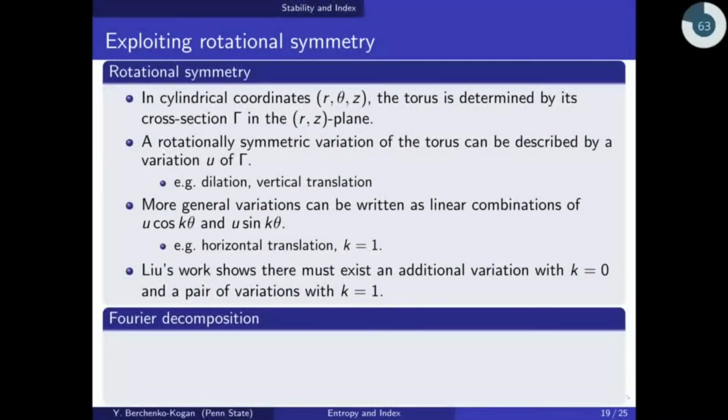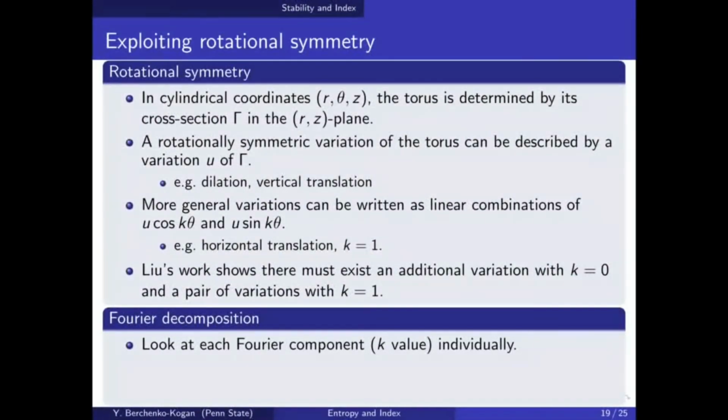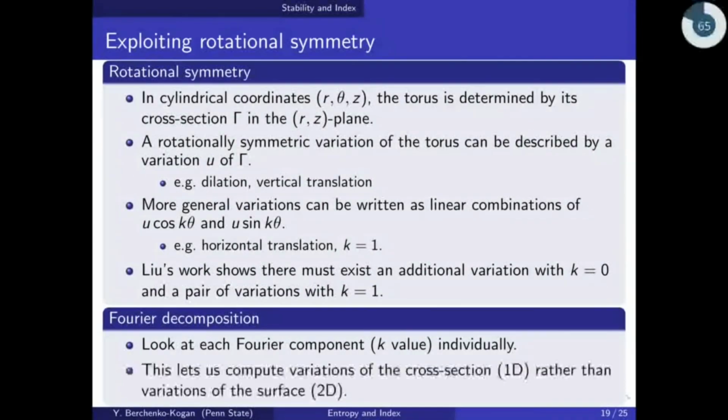And so how does this apply for the numerics? Well, again, we do the same thing. We look at each Fourier component individually, and within that Fourier component, we look at variations of this discrete cross-section, and we see which ones will decrease the f functional.